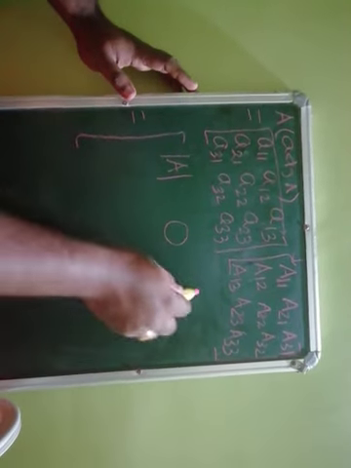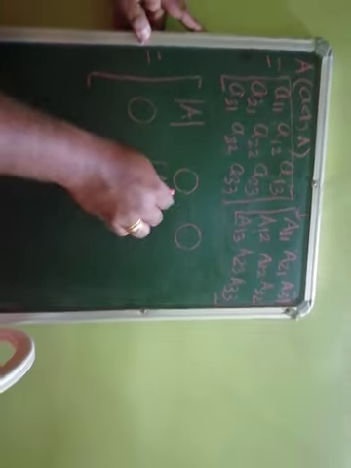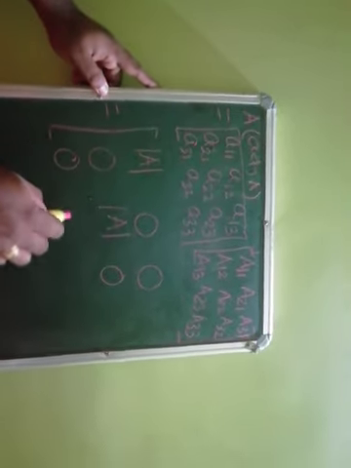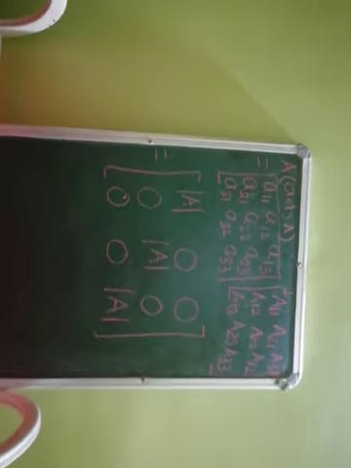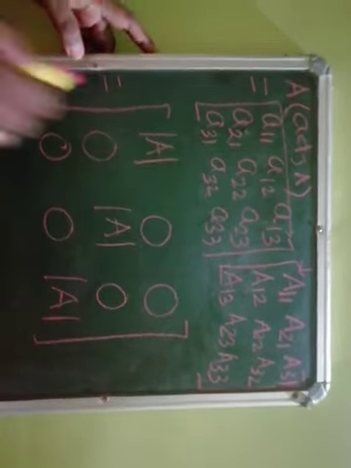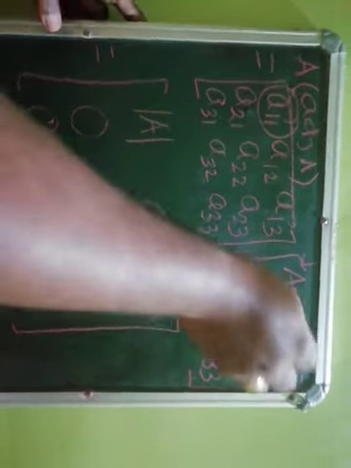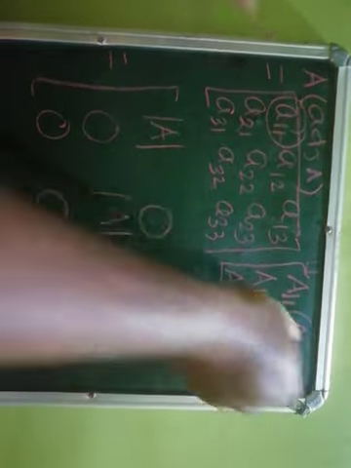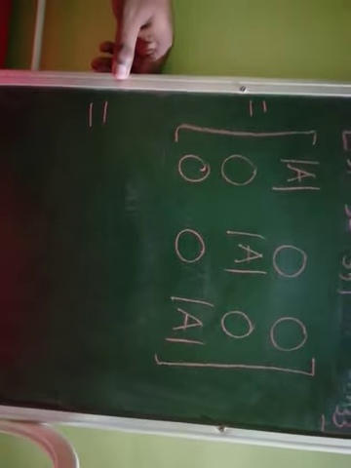So this will be 0, this will be 0. Again here it is 0, determinant of A, 0, 0, 0, determinant of A. Why is it 0? If I am multiplying the first row with the second, A11, A21, this is different, that's why it is 0.